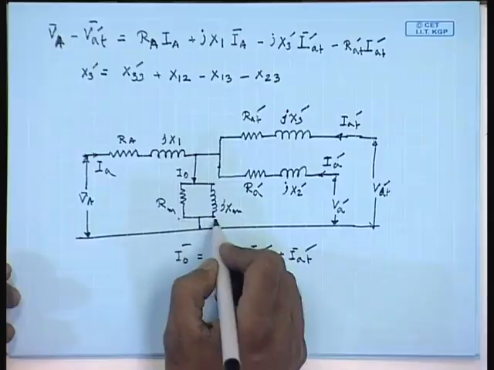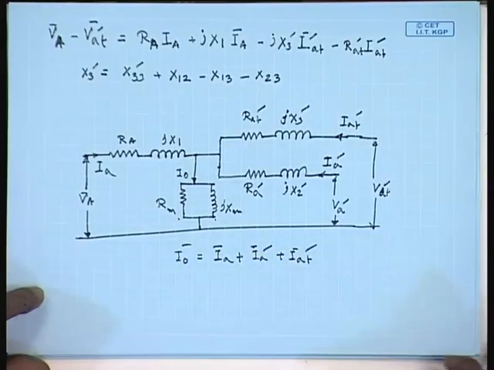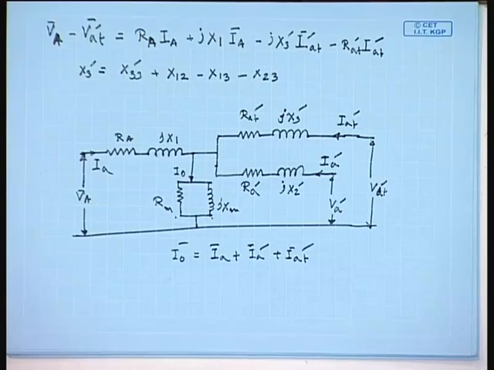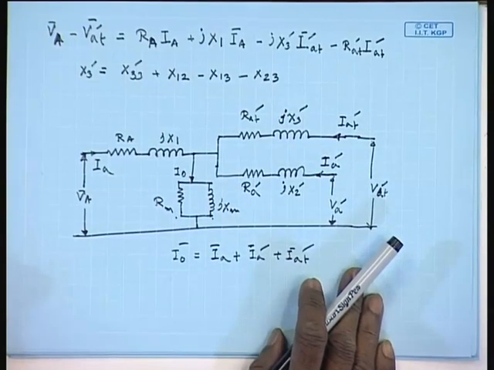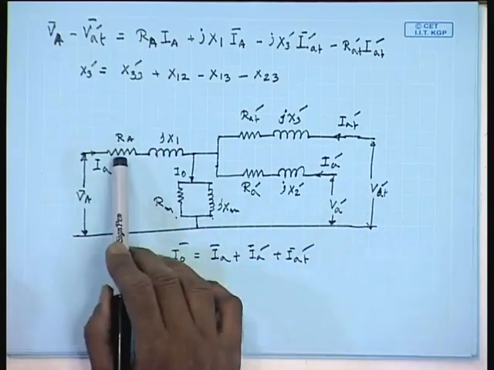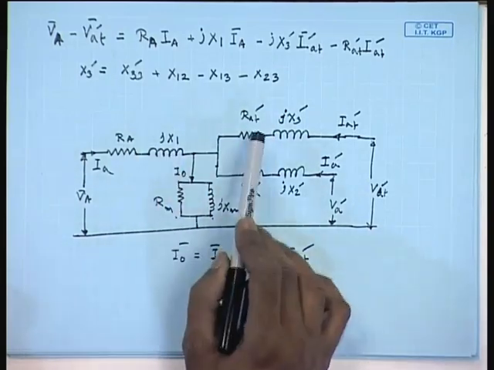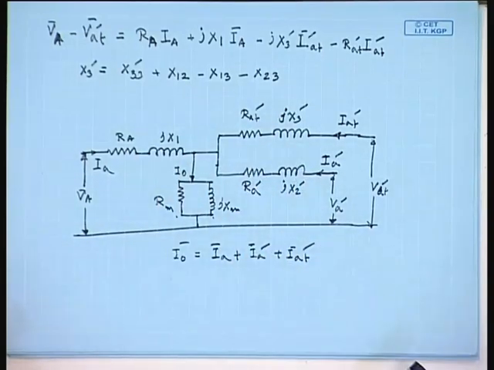The shunt branch parameter as usual can be determined from the open circuit test, that is applying rated voltage to any one of the 3 windings and keeping the other windings open. Similarly, the series branch parameter, that are these parameters, can be obtained from short circuit test.